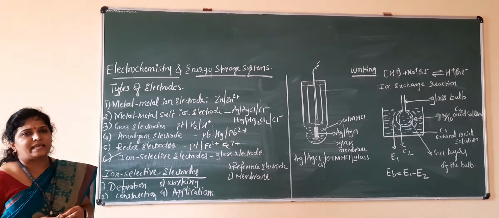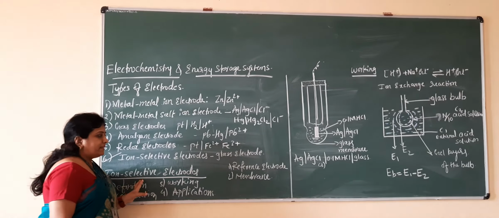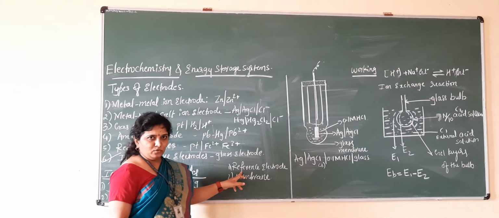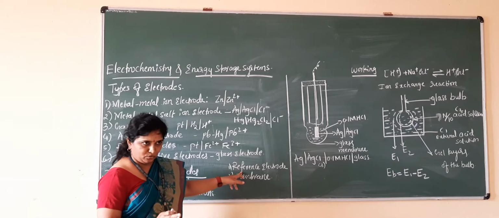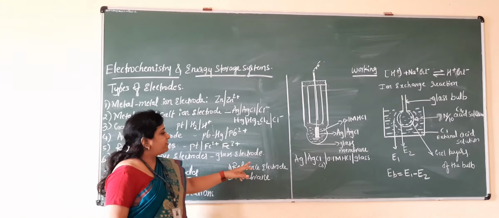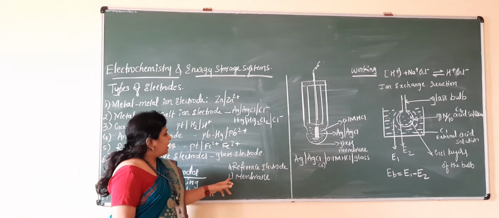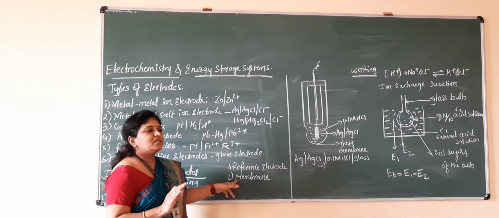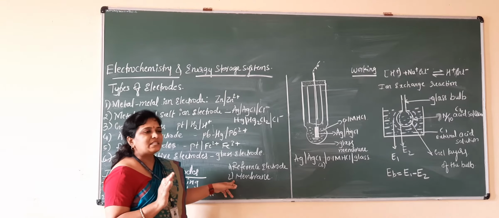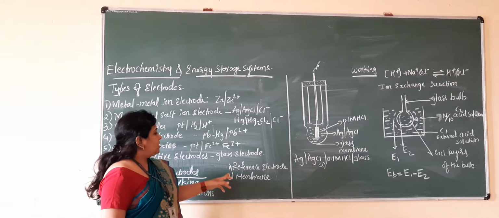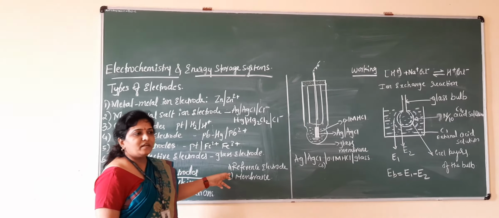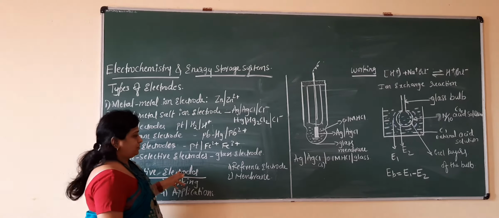What do they contain exactly? Every ion selective electrode contains one reference electrode and a membrane. It's not just a membrane, a very thin glass membrane will be present in that. So these two will be present in ion selective electrodes.